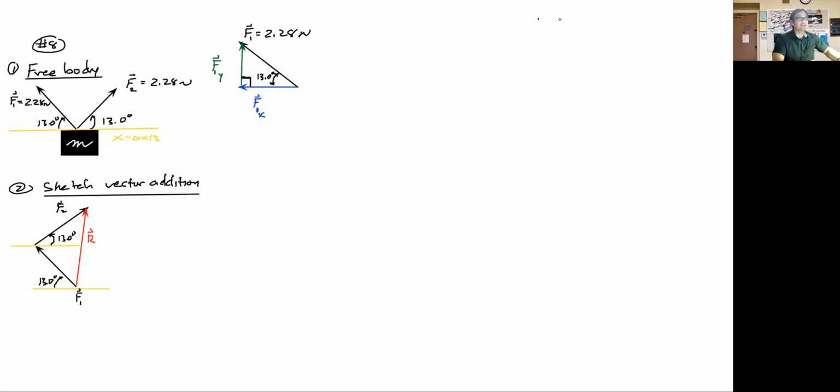The second triangle that we're going to draw is for the second vector, which runs up and towards the right. We can do the same thing. We can draw two force vectors. I'm sorry, this is going to be F2. This is our second force vector, and it also has a magnitude of 2.28 newtons.